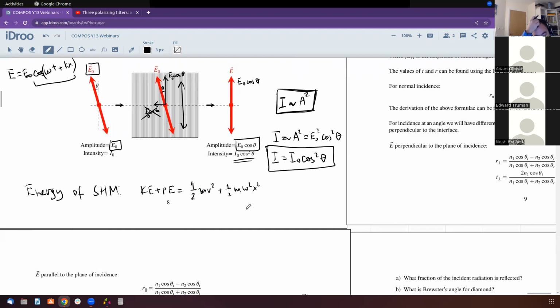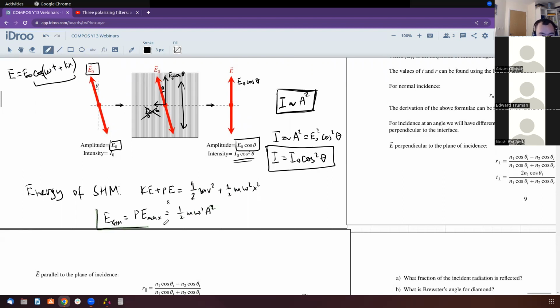So the maximum potential energy was the energy of SHM, which is equal to 1/2 m omega squared a squared.